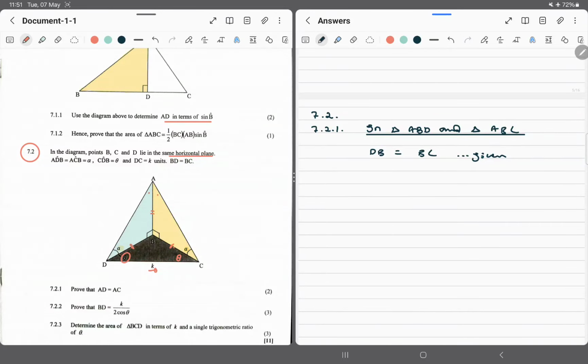AB is common, right? And let's use the included angle instead of going around in circles. We can say angle ABD is equal to angle ABC equal to 90 degrees, given. You can say therefore triangle ABD is congruent to triangle ABC. Reason: this is side, angle, side.